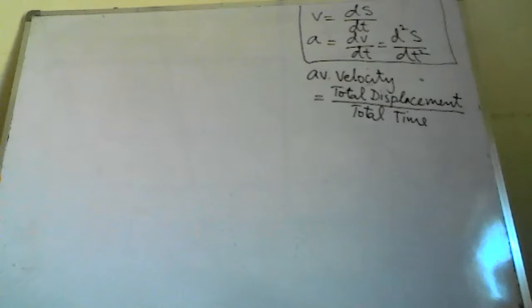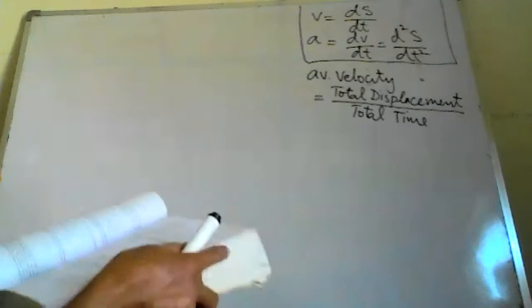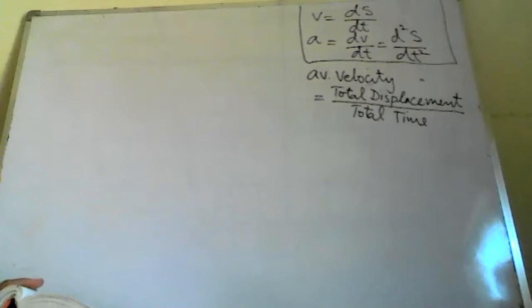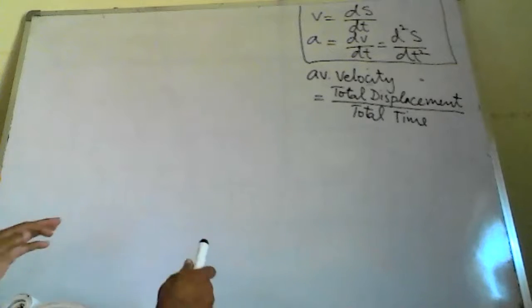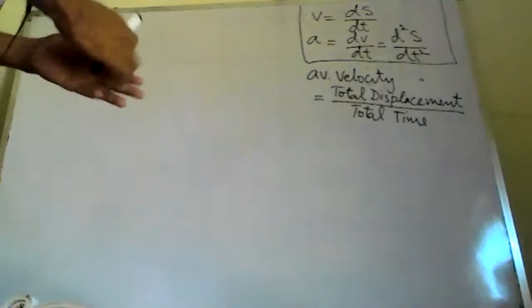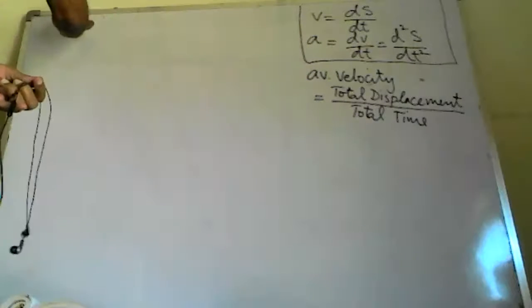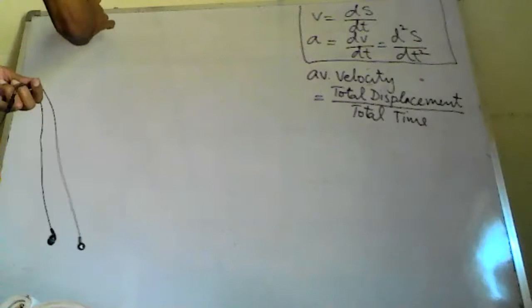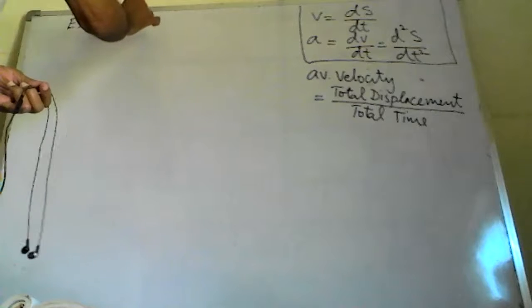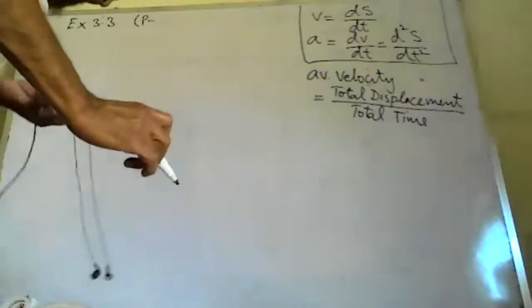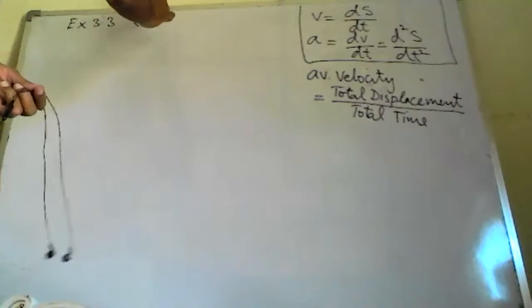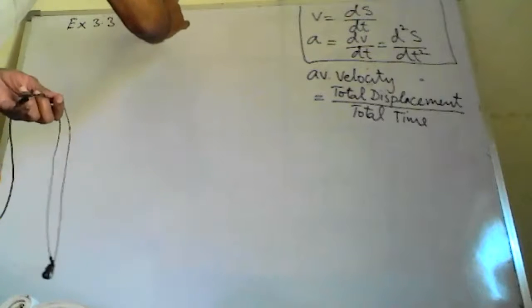A part, find the body's displacement and average velocity for the given time interval. So first A part we will do from question 1 to 6. Exercise 3.3, page 279.